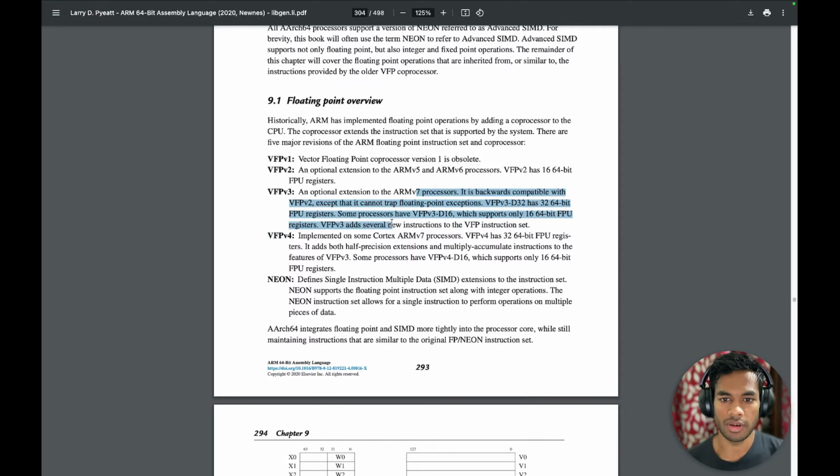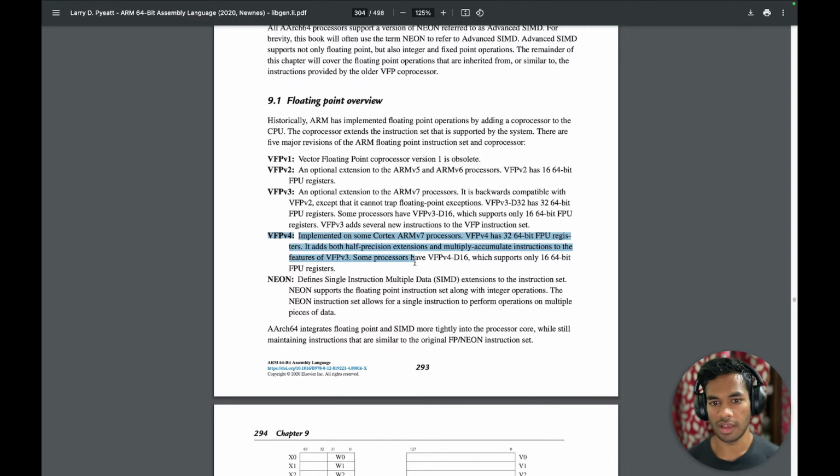V3 adds several new instructions to the vector floating point instruction set. Then we have V4 implemented on Cortex V7 processors. V4 has 32 64-bit FPU registers. It adds both half precision extensions and multiply accumulate instructions to the features of V3.